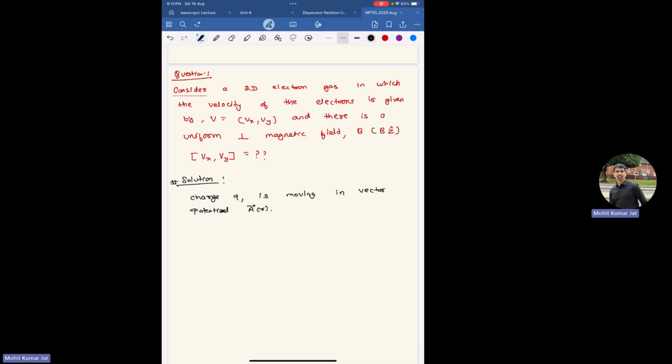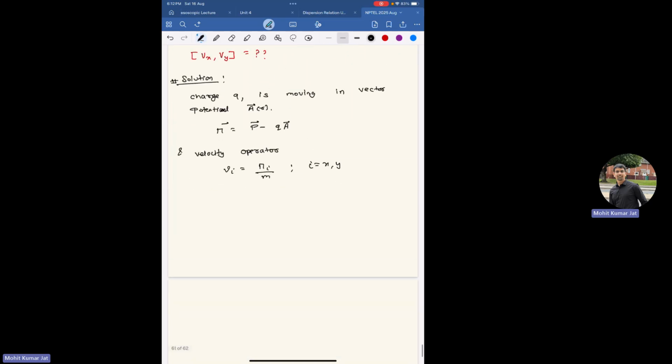So your momentum operator will be pi equals canonical momentum minus q A, right? And the velocity operator, for example Vx, will be pi x by m, where m is the effective mass. So i is x and y, because Vx and Vy are there.